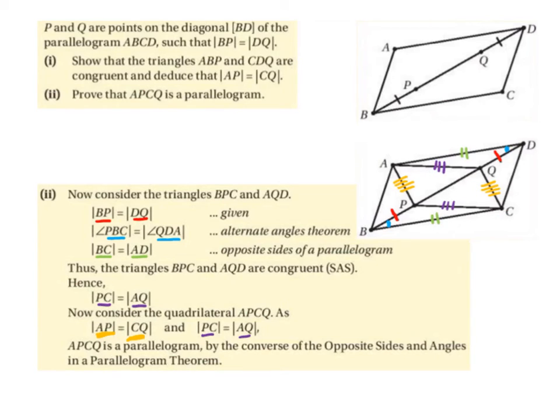So they're all congruent, which means this diagonal here forms a mirror line. We've got the exact same shapes on the top of the diagonal as we have on the bottom. So therefore, this length must be equal to this length, and all the angles must also be equal. So therefore, our shape is a parallelogram.